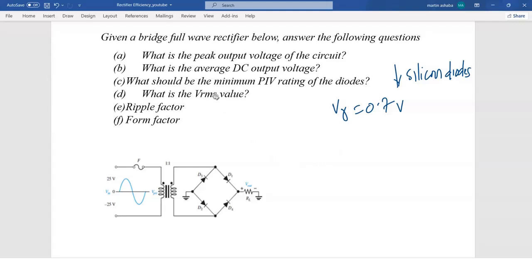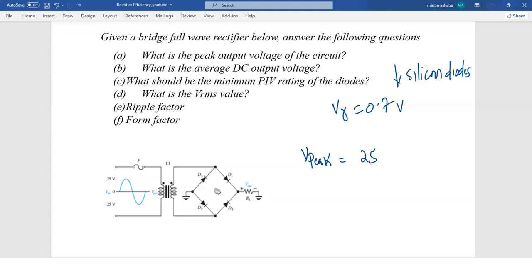So let's begin. What is the peak output voltage of the circuit? The maximum peak voltage that is going to be measured is V peak, which is equal to, now we have said that the amplitude of the signal entering is 25 volts.